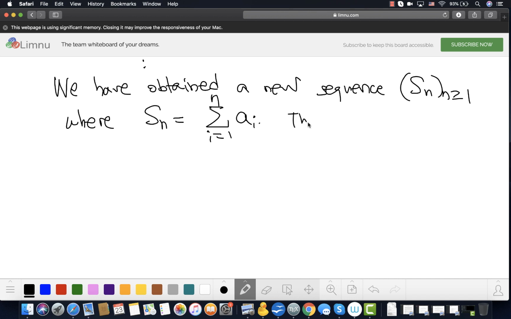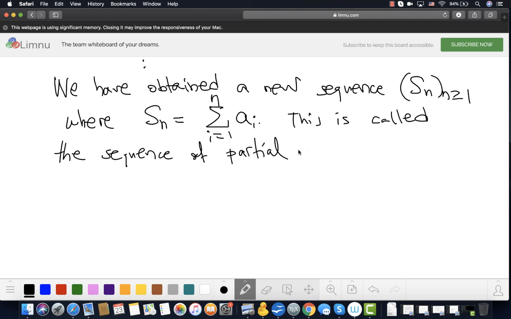So this is called the sequence of partial sums. The way you should think about S sub n is that you're just partially summing up this infinite series. You're just summing up the first n terms.